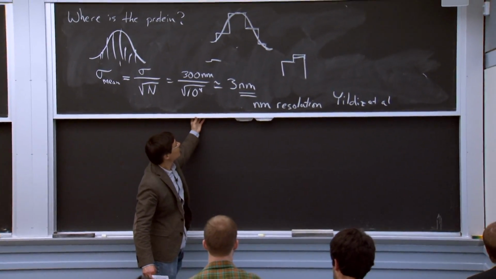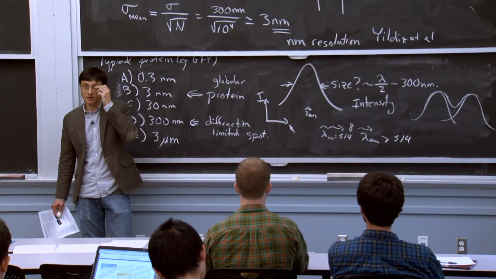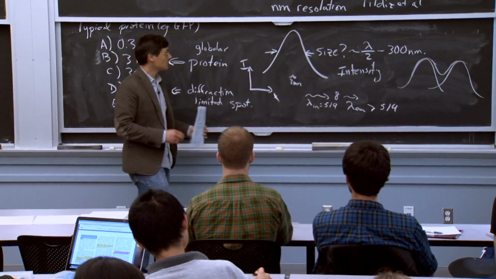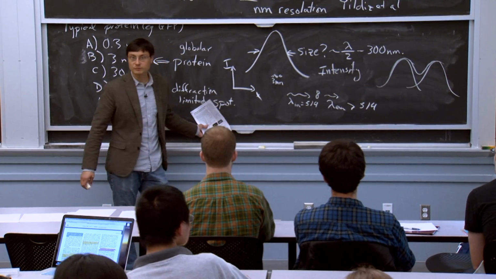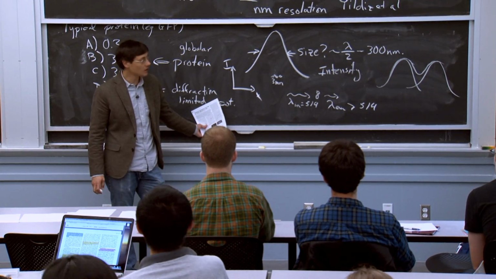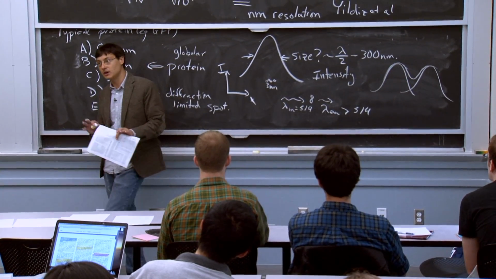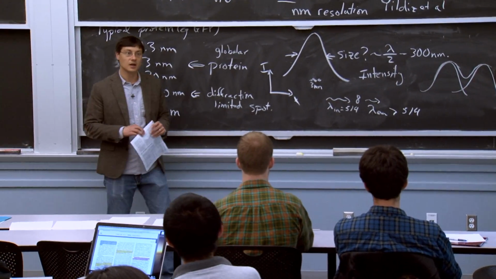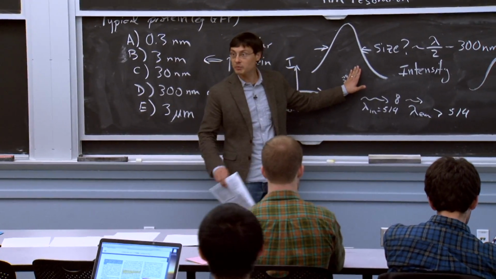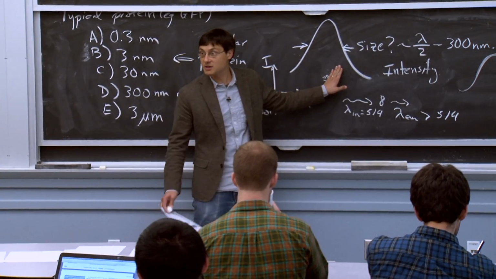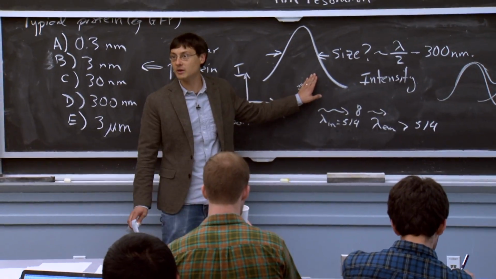All right. I just want to make one comment about the super resolution techniques that have been spreading. The question here is, let's say that you have two proteins next to each other. What can you do? The basic idea of all these super resolution techniques is that if we know that we have a signal from only one protein, then we can figure out where it is. So what you need to do is figure out a way so that you just have one at a time emitting.